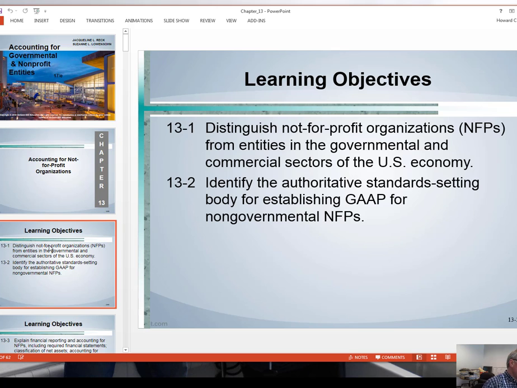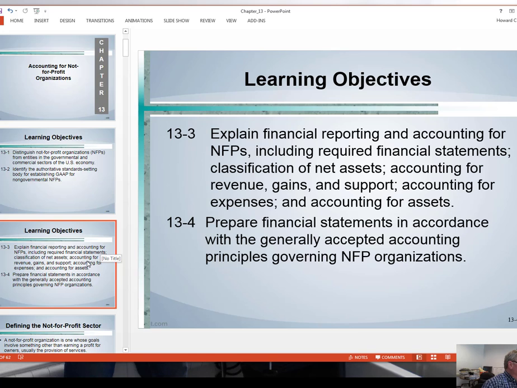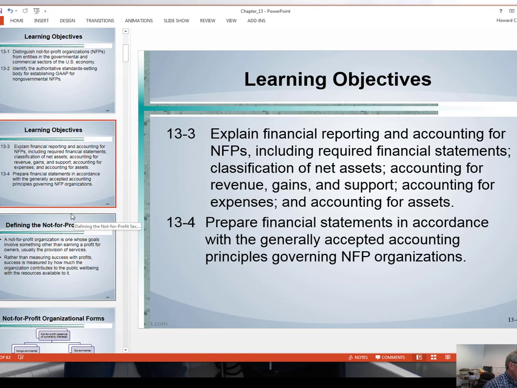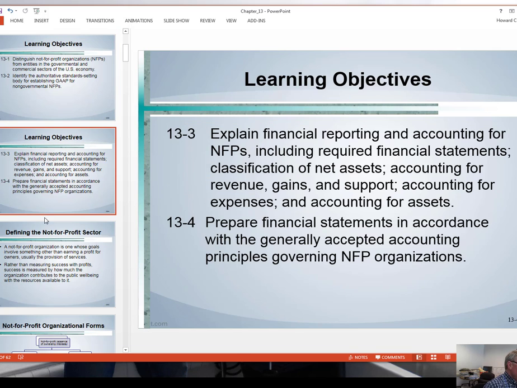All right, there are some criteria in the beginning that talk about how we tell not-for-profits from governments, and there are a couple of key points you want to be familiar with. GAAP, or the FASB, is the standard for all the financial statements for not-for-profits, as opposed to GASB.